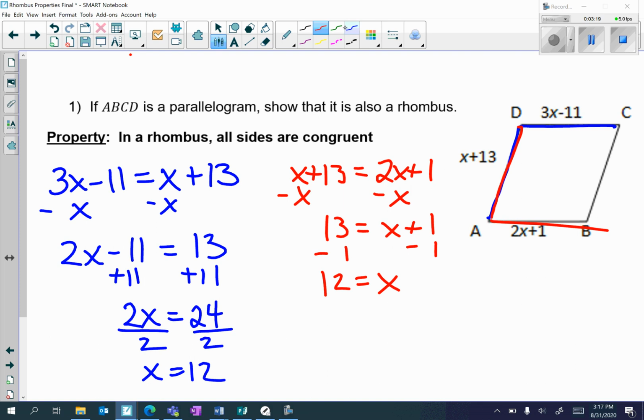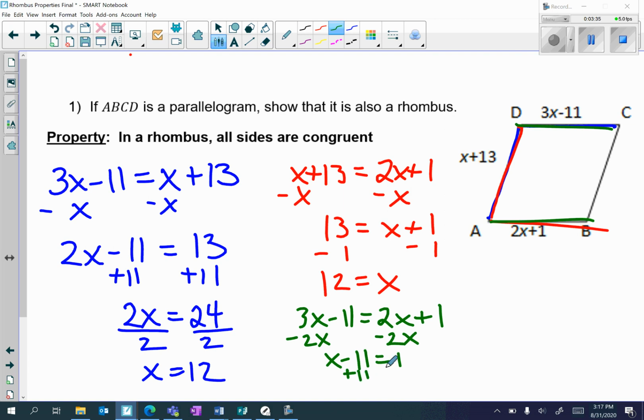And then finally, one last time, if I set 3x minus 11 equal to 2x plus 1, notice that each time I do this, I get x is equal to 12.